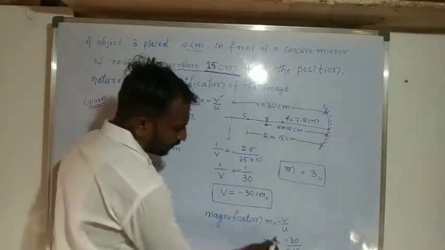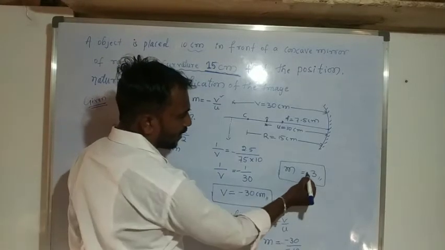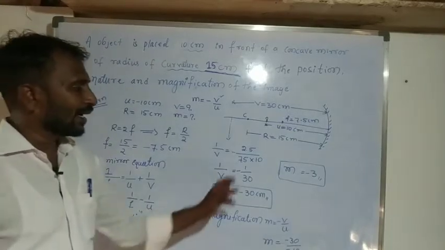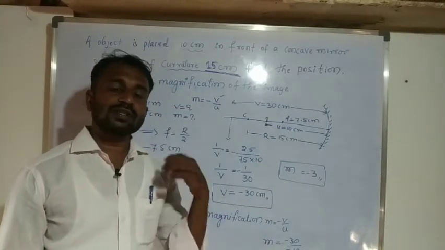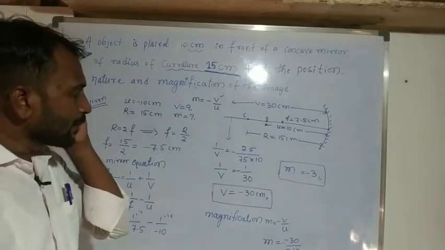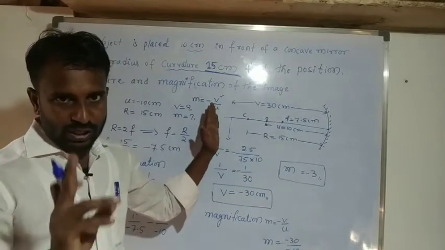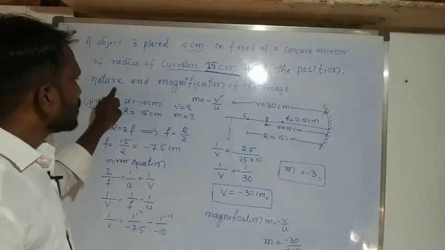Magnification is minus, so here also we consider minus. If you consider the modulus greater than 1, the size of the image is greater than the size of the object. So the image is formed in front of the mirror, which is the position.